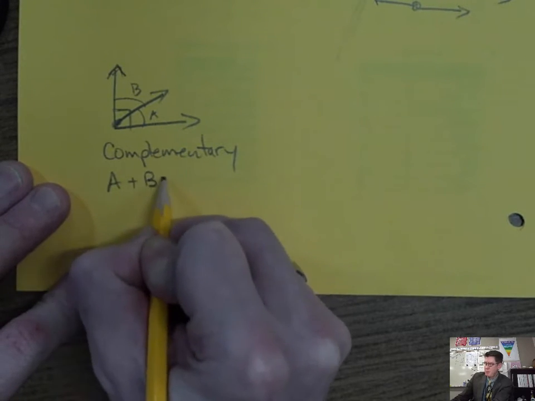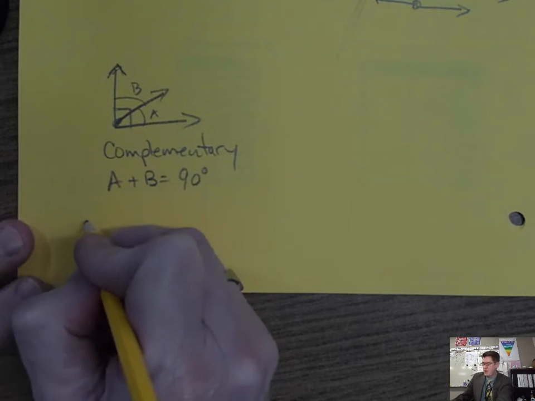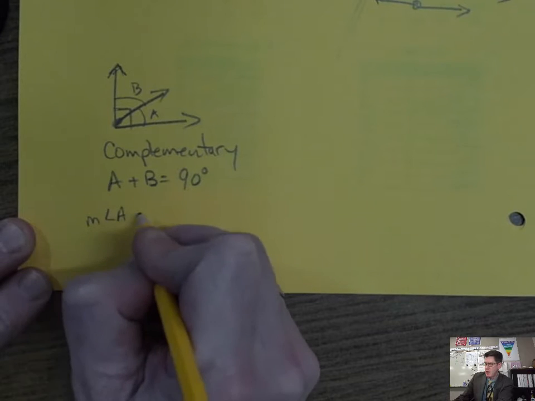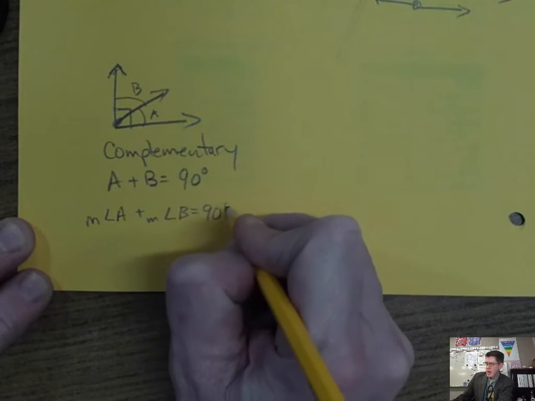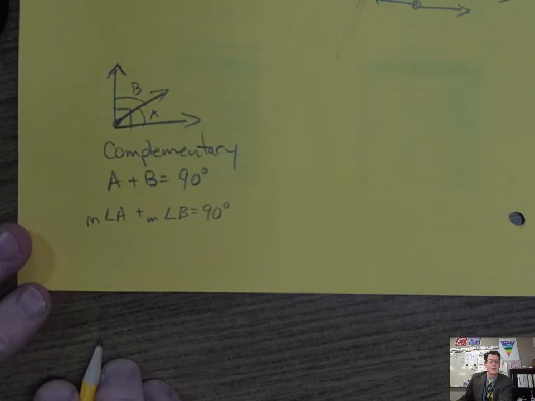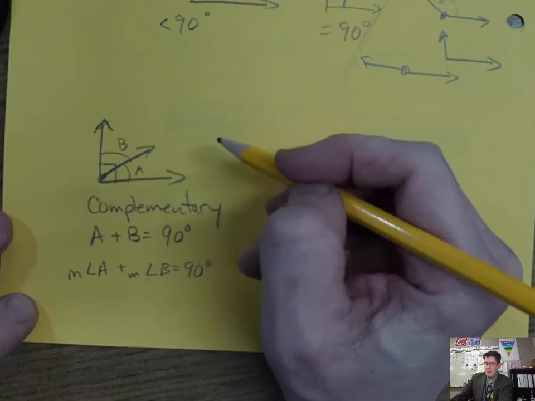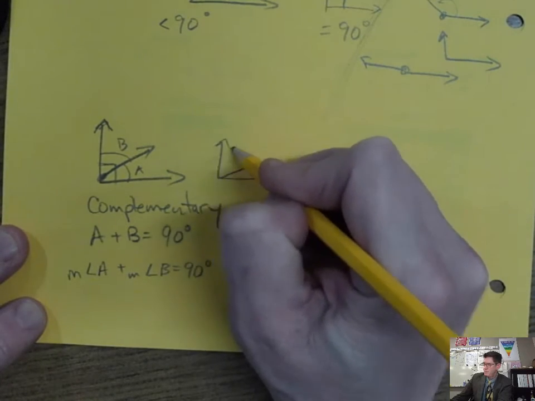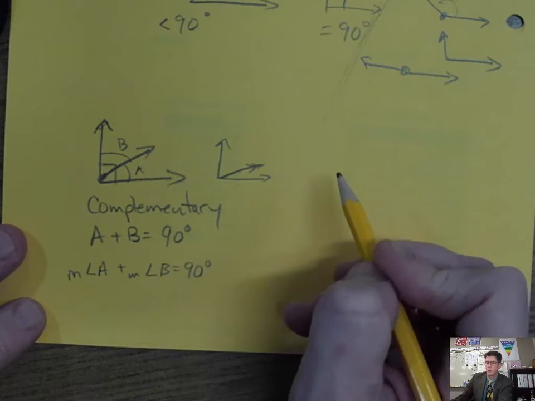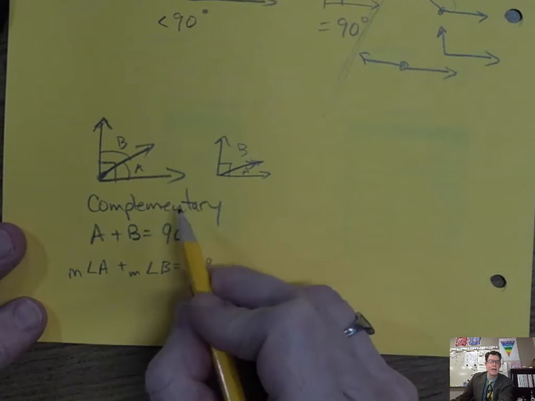A plus B equals 90 degrees. Or the official way to say it: the measure of angle A plus the measure of angle B equals 90 degrees. They might look like that, or like this, where one of the angles is really small. But as long as they both add up to a 90-degree angle, they're complementary.